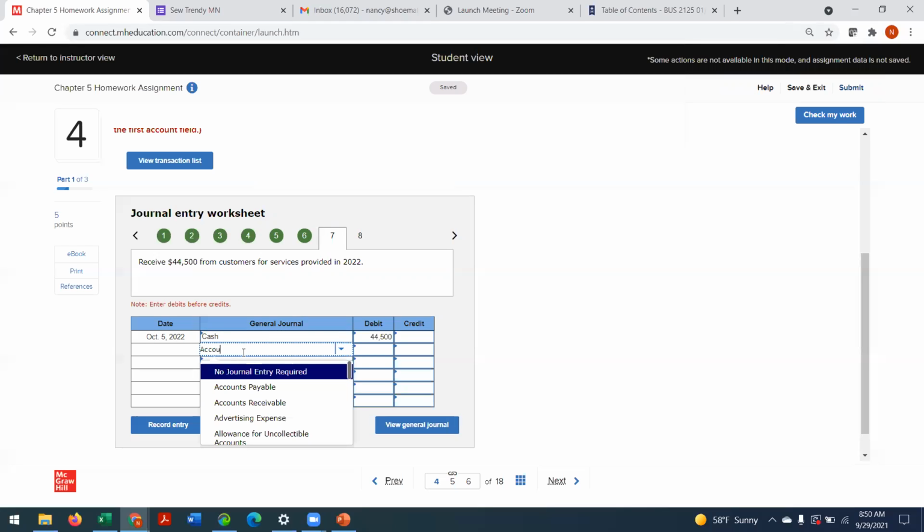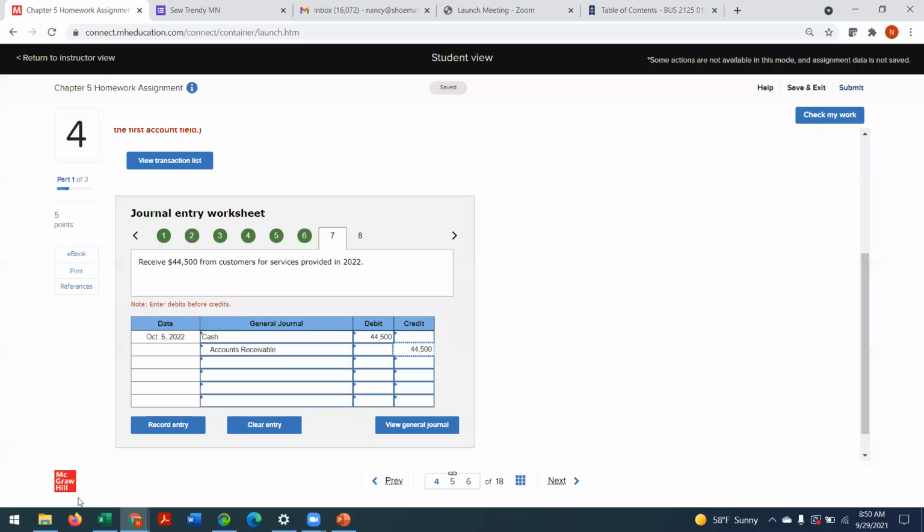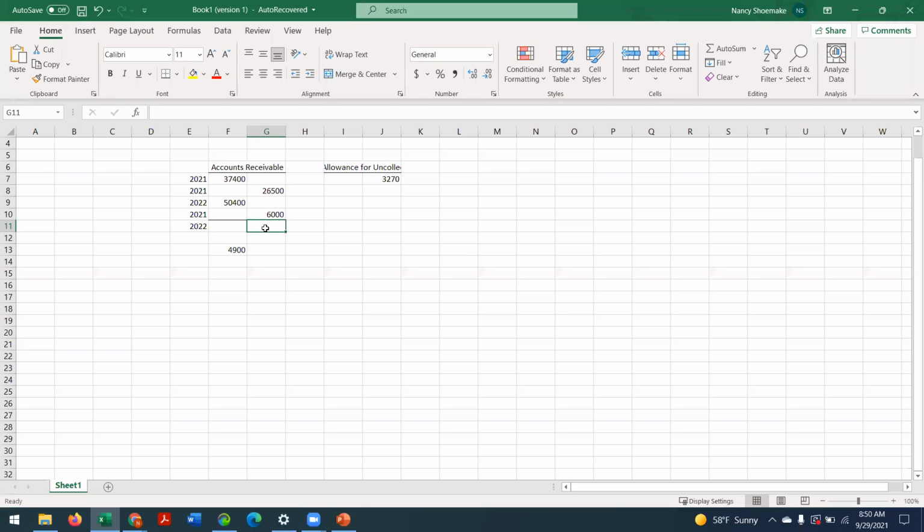Here's where we will credit our accounts receivable for 44,500. And I'm going to show this. This is 2022. Did I say 44,500? We received cash, 44,500. Okay.